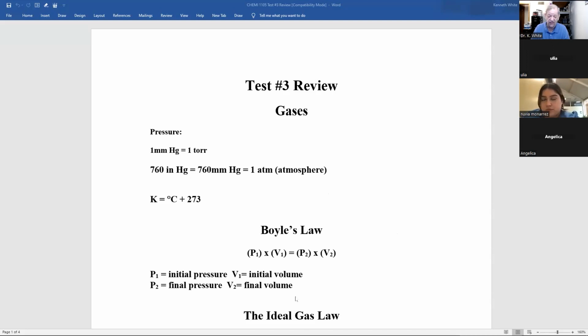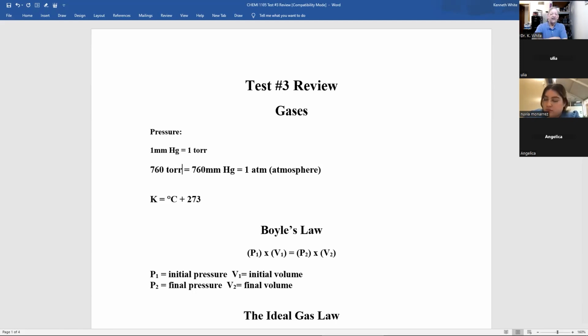We've already practiced most of this. All right, first of all, when it comes to pressure, there's a mistake here: that should be 760 torr, not millimeters of mercury. I'll have to go back and replace this.